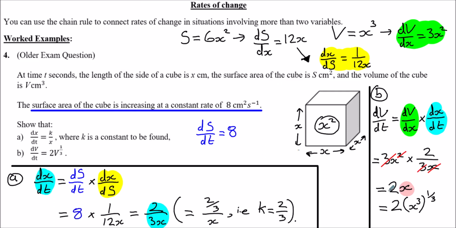So I basically say that x cubed is v, so therefore we've got equals 2v to the power of 1/3. And we're done. If you want to show it, you can just add in, since v equals x cubed.